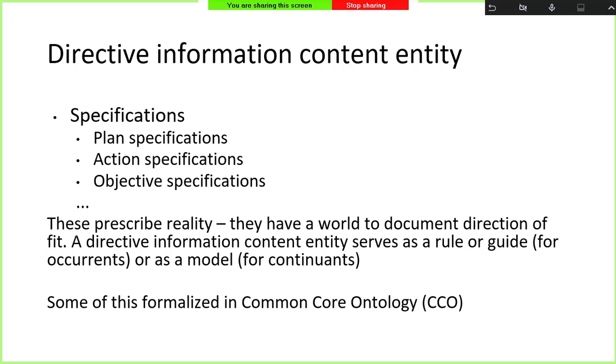Now, some of this content is formalized already in the Common Core ontology. The Common Core ontology will be one input to the IOF formalization that will be proposed and which has been proposed in a draft form in the document that was sent around.